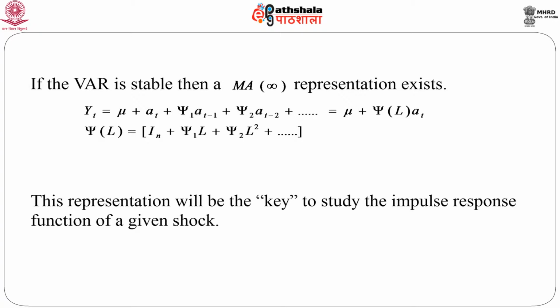In a vector autoregressive model, YT is expressed as a function of past values of YT, but in the MA representation the current value of YT is expressed in terms of past errors.